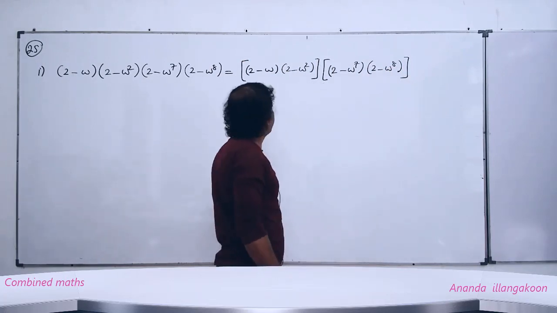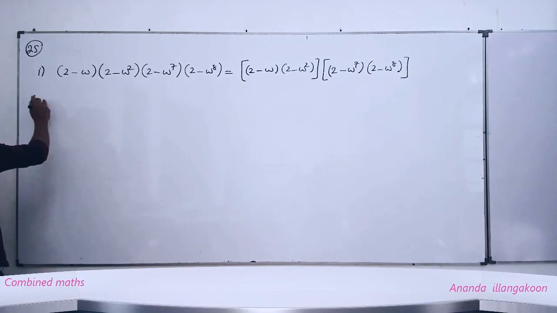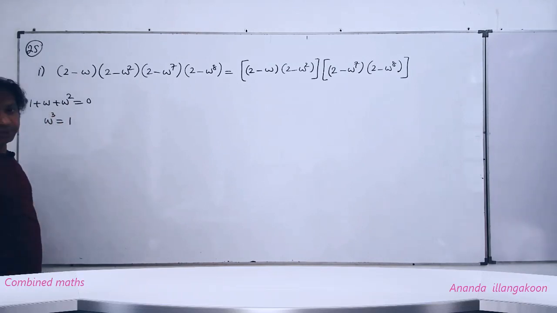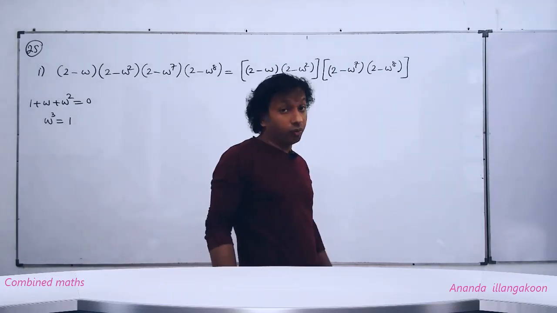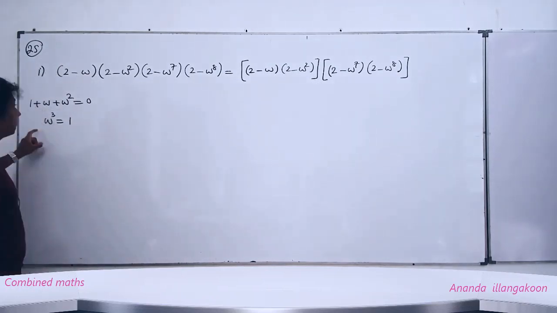People, without proof, you can directly use the results: 1 plus omega plus omega squared equals 0, and omega cube equals 1. These things you can directly use without proof. Wherever you work out involving omega, these results you can directly use without proof.